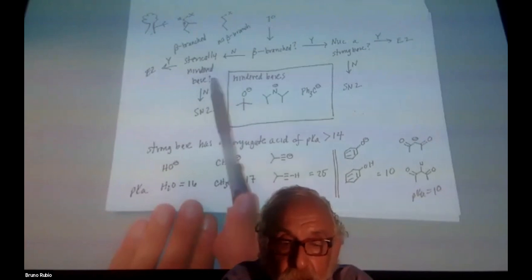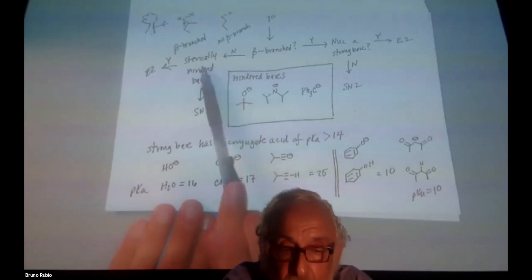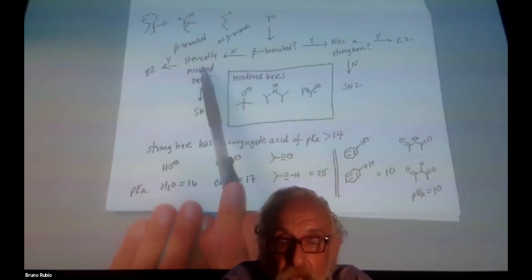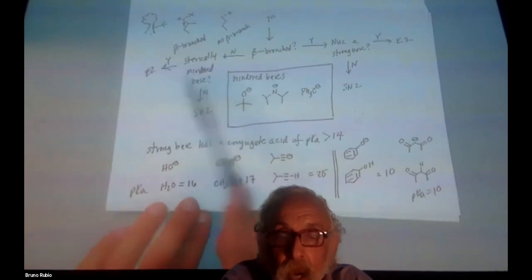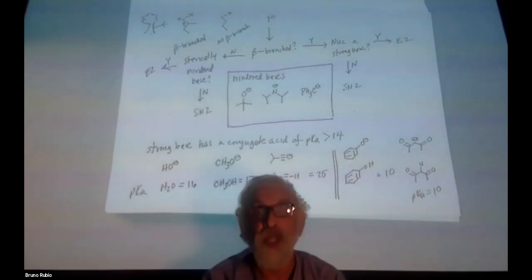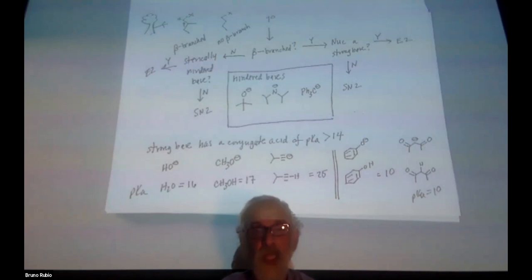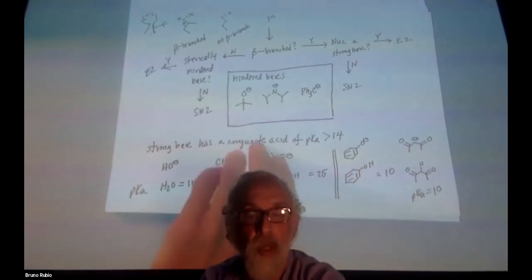Sterically hindered bases, those are enemies of substitution. So that when the conditions aren't right for substitution, elimination is going to take over. Okay, so that was for a primary substrate.